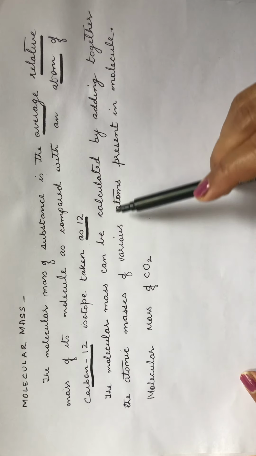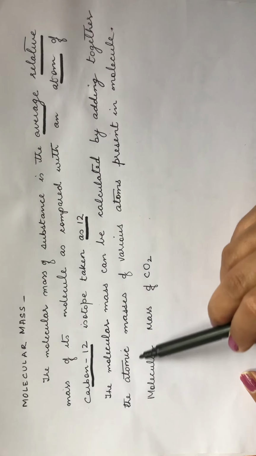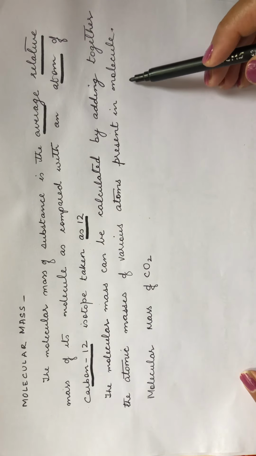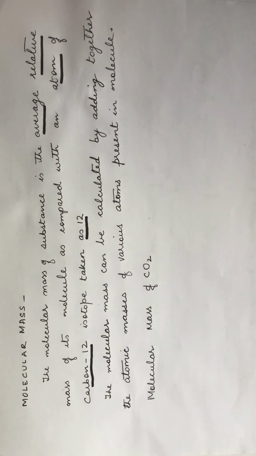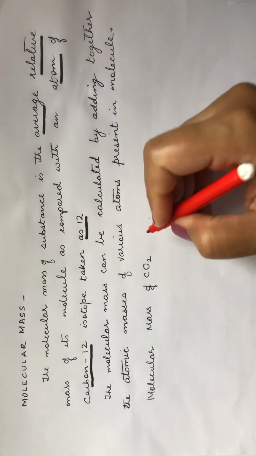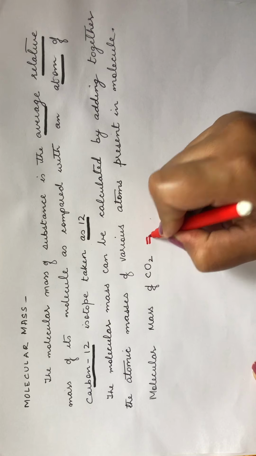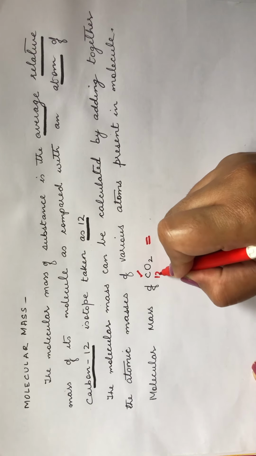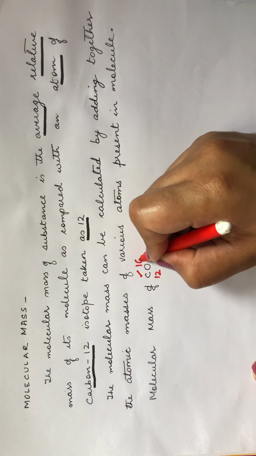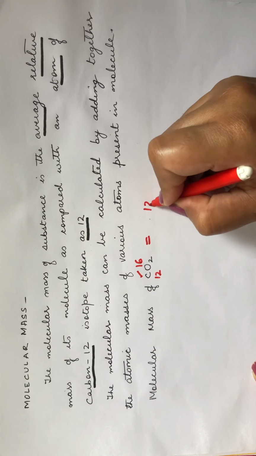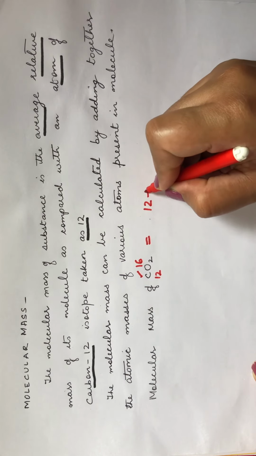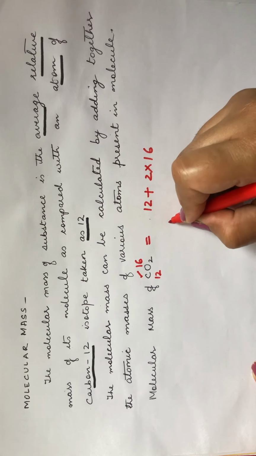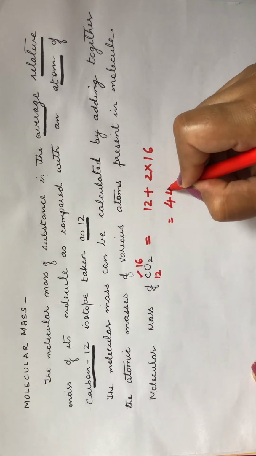Molecular mass of a molecule can be calculated by adding together the atomic masses of the various elements present in the molecule. For example, to determine the molecular mass of carbon dioxide, the atomic mass of carbon is 12 and the atomic mass of oxygen is 16, which we have to learn. So it is adding up: 1 atom of carbon, 12, plus 2 atoms of oxygen, 2 into 16, which equals 44.